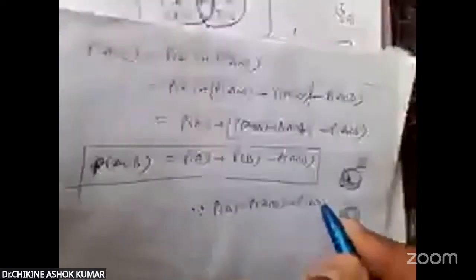Here P of B is P of A bar intersection B plus P of A intersection B. Okay. So that's why I wrote this: the sum of these two is completely the B circle. So P of A union B equal to P of A plus P of B minus P of A intersection B. So this is the addition theorem on probability based on two events only.